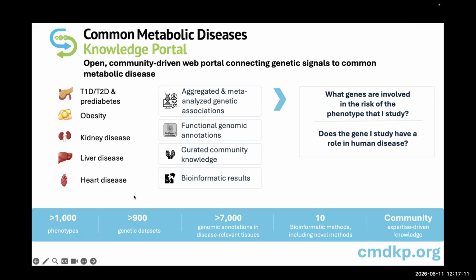As Mackenzie mentioned, we now have over 1,000 phenotypes represented in the CMDKP, over 900 genetic data sets, over 7,000 genomic annotations in various disease-relevant tissues, have run 10 bioinformatic methods, and importantly, have engaged with the community to understand what is important to them and how we can leverage their expertise to boost the knowledge that's relevant to a given topic.